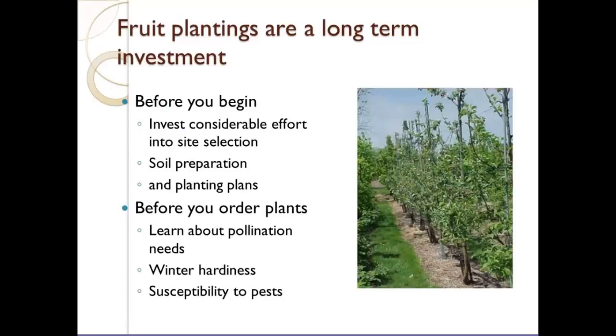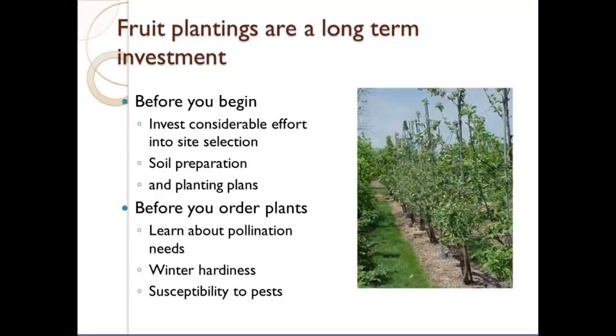There are quite a few things that need to go in before you buy any nursery stock. Remember, these are very long-lived plants. If you're in this for commercial production, you have to do this right so that you can be sustainable and actually have a positive income. A blueberry plant can easily have a 40-year life if well established and planned properly, compared to a fully dwarfed apple tree, which can usually have 15 to 20 years of good productivity.